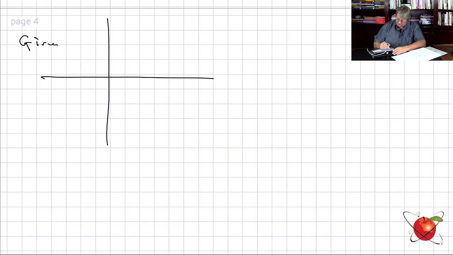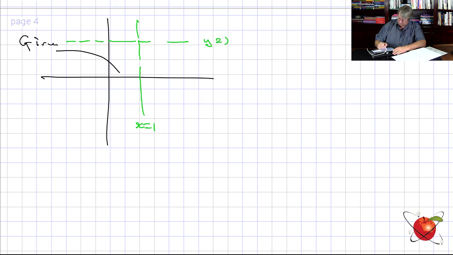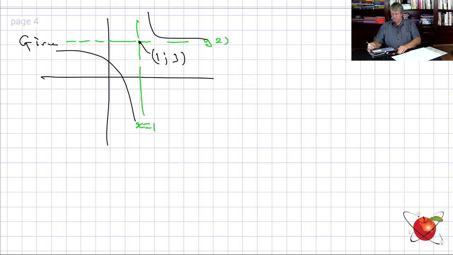Green is 3 and x, and they tell us the graph is over here, and up there. And they tell us the coordinates of this point here are 1 and 3. That's what we know.